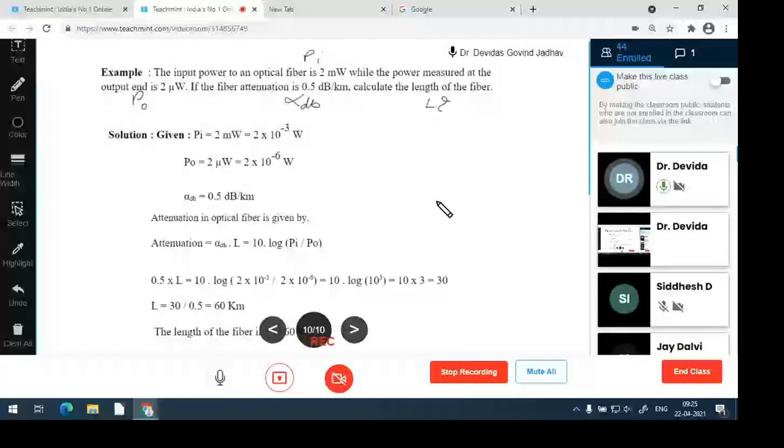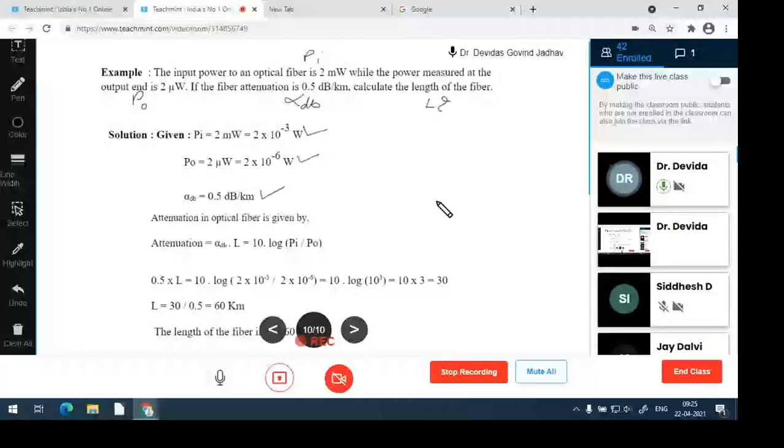We have given Pi 2 milliwatt, Po 2 microwatt, that is 1000 times less. That much is attenuation. And alpha dB is 0.5 dB per kilometer, unit length attenuation.